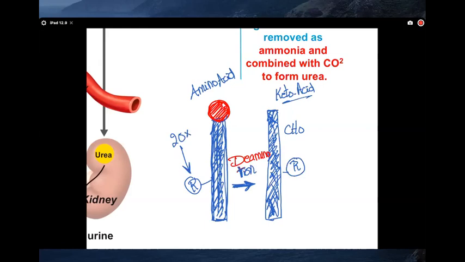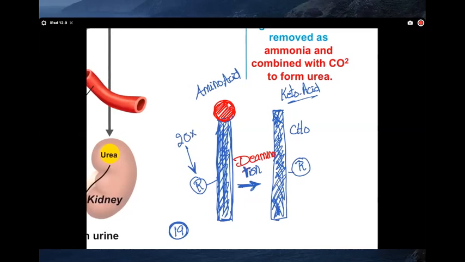So how many amino acids can I not deaminate? 19. So what will I do? All the proteins are formed by the whole package of 20 amino acids. So I have 20 amino acids building up my proteins. So what would I do with the rest of them?